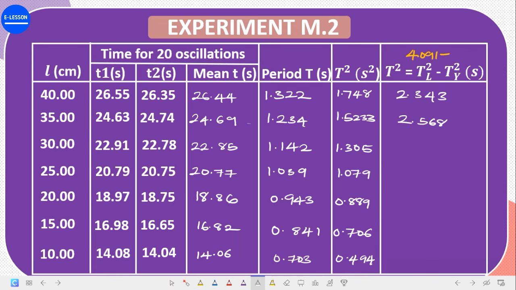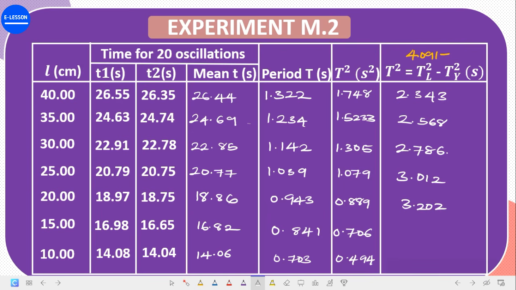The next is 4.091 minus 1.305, which gave 2.786. Then we have 4.091 minus 1.079, which gave 3.012. Then we have 4.091 minus 0.889, which gave 3.202.